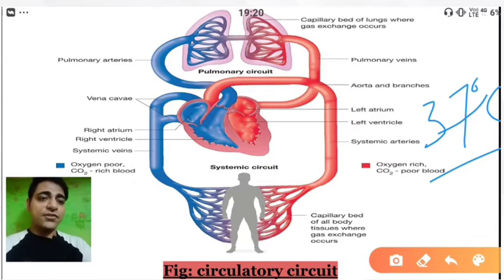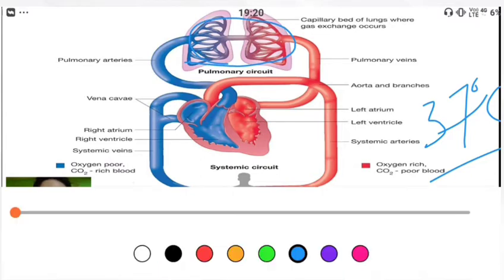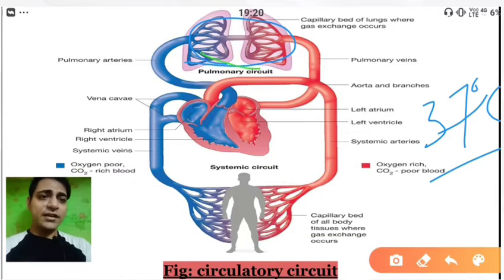So let's start from the lungs. Lungs are the air purifier, not only air purifier but blood purifier also. So what do they do? We have a pair of lungs.